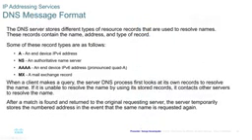In a DNS message, the DNS server stores different types of resource records that are used to resolve names. These records contain the name, address, and type of record. In the DNS message format, there are a few record types included within it, for example A, NS, AAAA, and MX records.